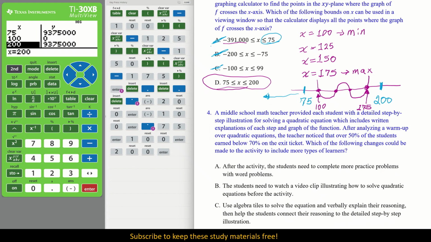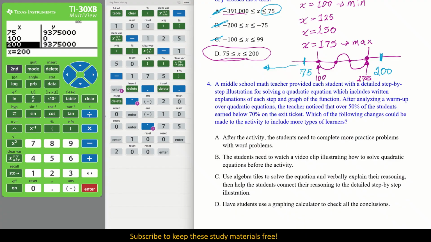Okay, let's look at number 4. All right. A middle school teacher provided each student with a detailed step by step instruction for solving a quadratic equation, which includes written explanations of each step and a graph of the function. Okay, I can visualize that.